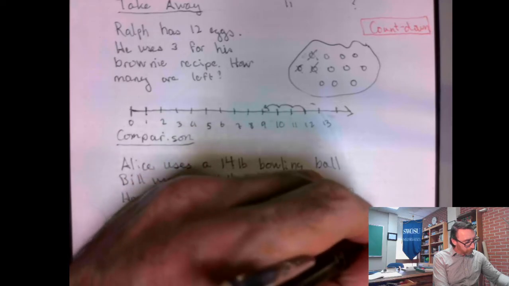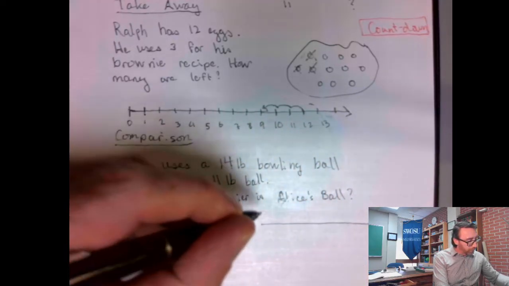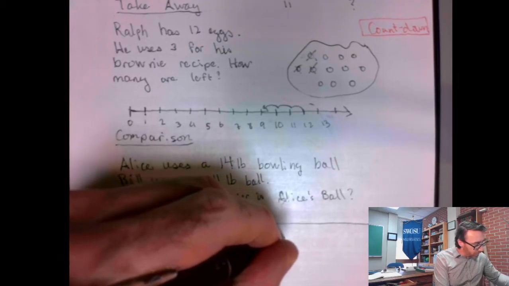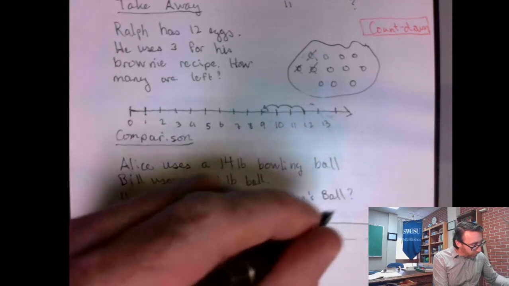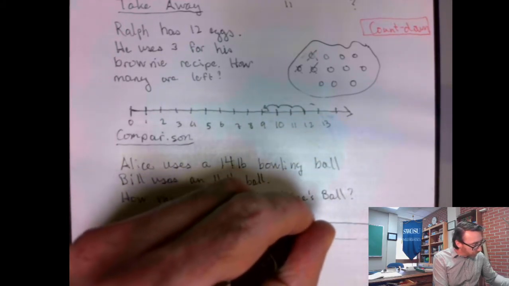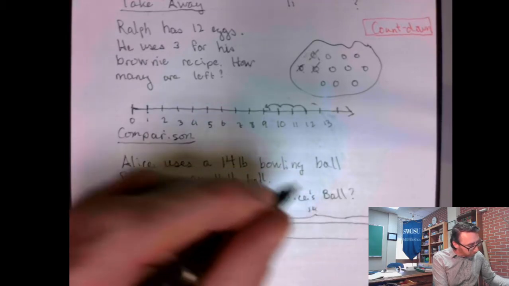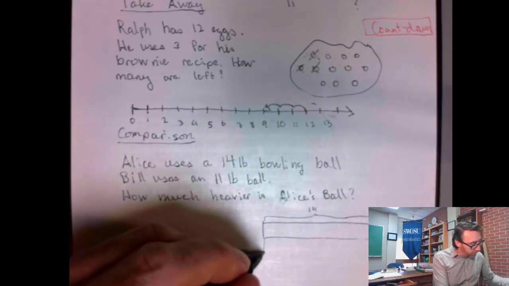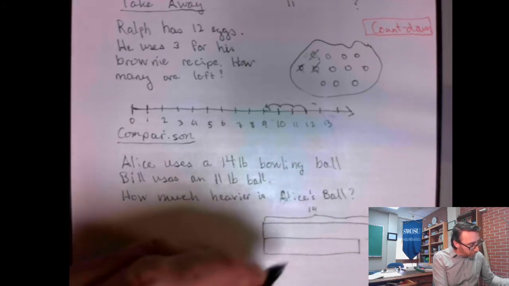The model I might use for this involves two bars. We'll have one bar for Alice's ball, which we know is 14 pounds. And then we might have a bar for Bill.